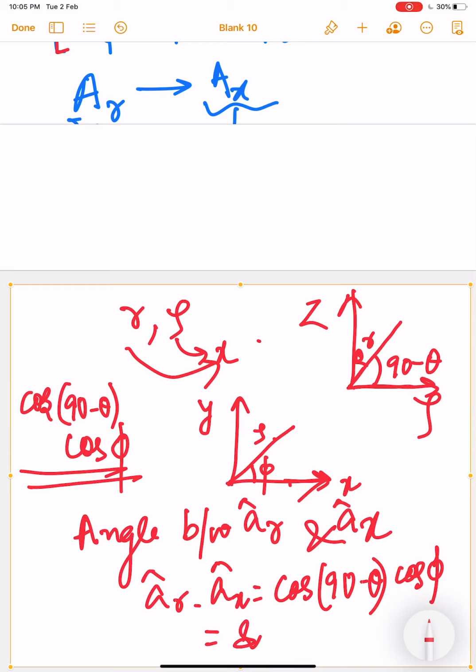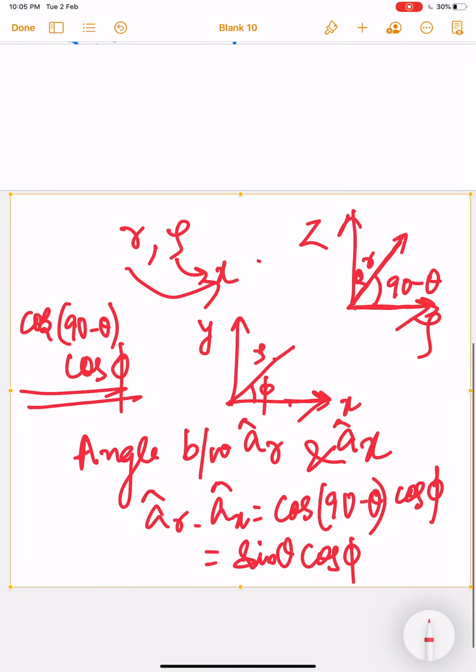So this is sin theta cos phi. I hope this is clear. What is done over here is R's component along rho is R cos(90 minus theta), and then rho cos phi is x. So I related it in that way.